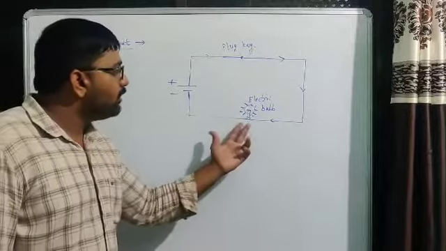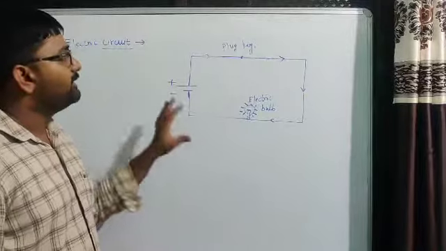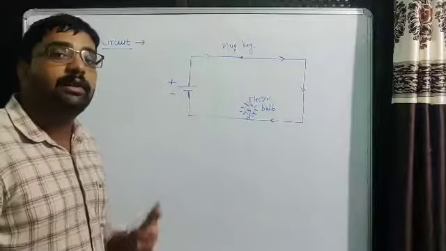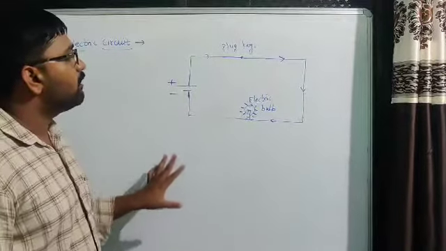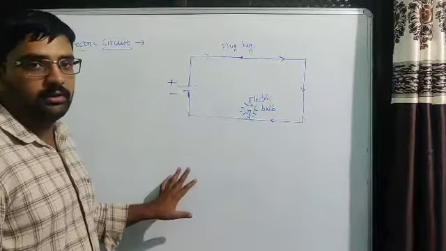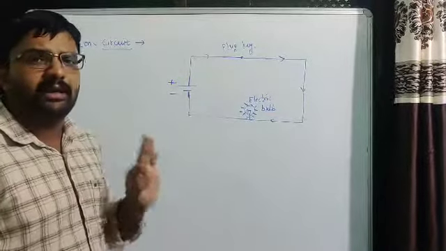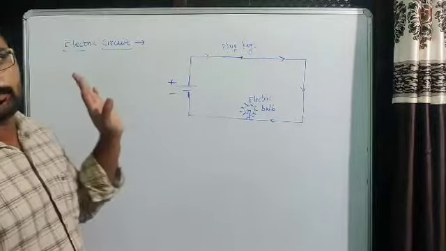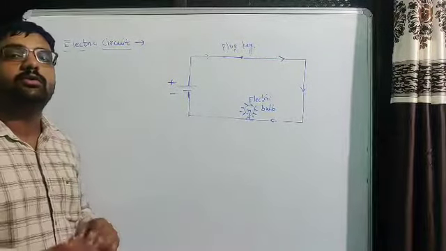So the bulb glowing means current is flowing through this circuit, and such a connection of electric components using connecting wires is simply called an electric circuit. You have to remember this part of the electric circuit also.